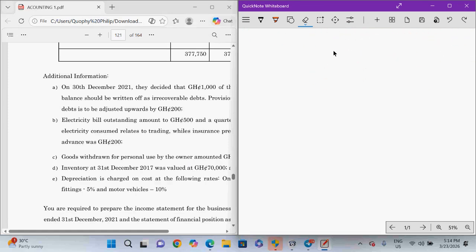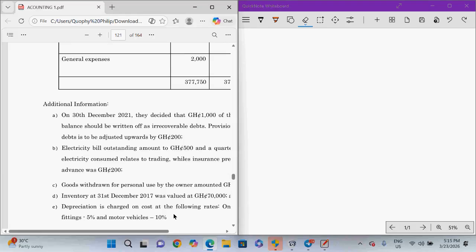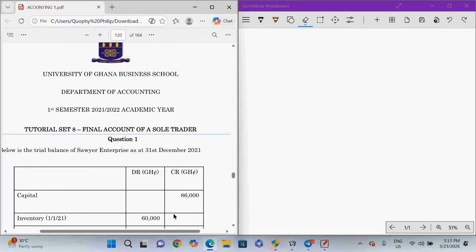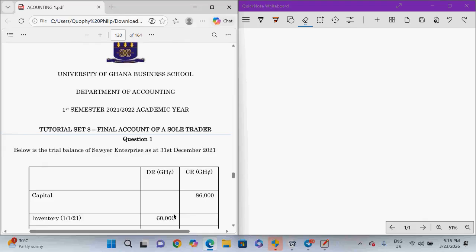Now, if you don't know anything, not the name of the entity, the name of the business. From this question, what is the name of the business? SOA Enterprise.